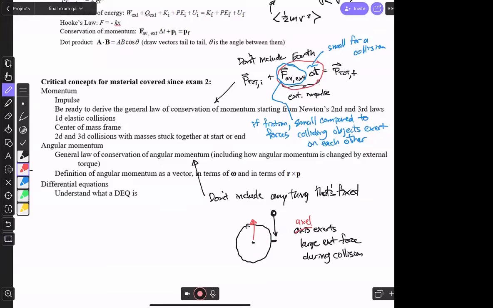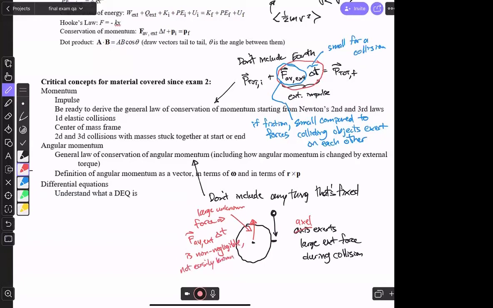And therefore, conservation of regular momentum is challenging in this case because this is a large unknown force. So F average external times delta t is non-negligible, but also unknown, or not easily known. At least you could probably figure it out.